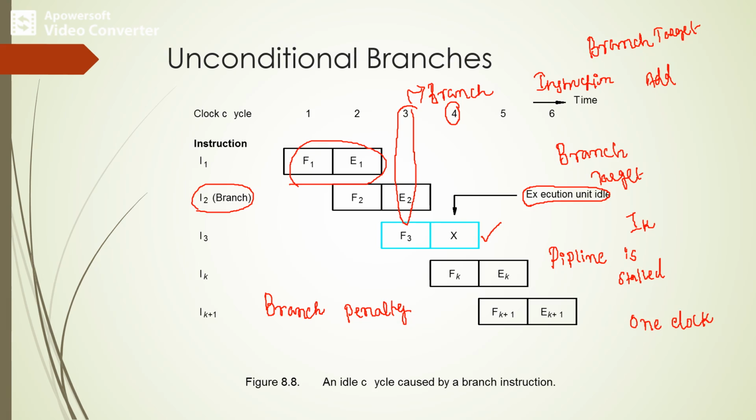The branch penalty is 1 cycle in the given example. For a longer pipeline, the branch penalty may be higher. In this case, we consider the branch penalty to be 1 cycle.